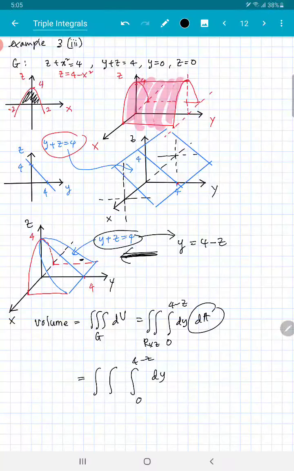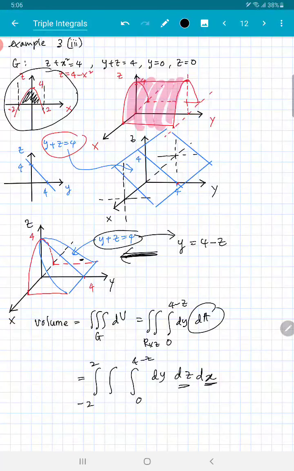To get dA, you have to refer to this region, which is the projection of our solid onto the xz plane. A good choice there would be to integrate with respect to z and then with respect to x. Since x is the one you integrate last, x should be from a constant to a constant, so x is going to be from -2 to 2.